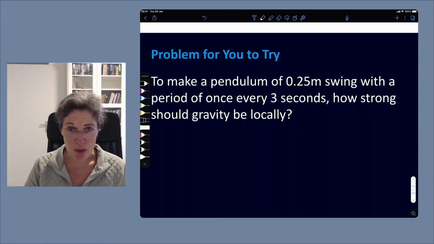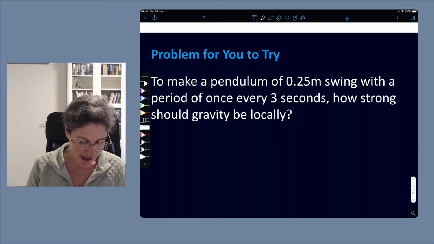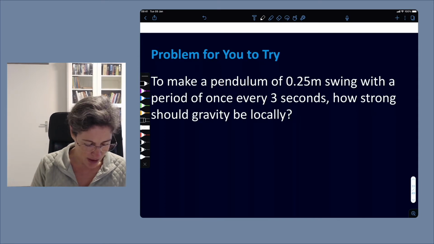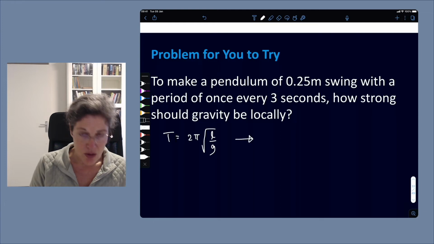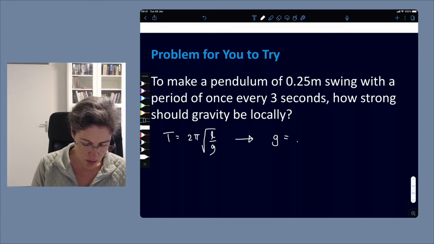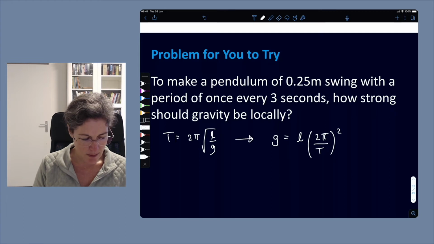Okay, so hopefully you paused the video and you figured it out. So we need to do a little bit of reworking. We know that T is equal to 2π√(L/g). If you rearrange, you should get that g is equal to L times (2π/T) squared.